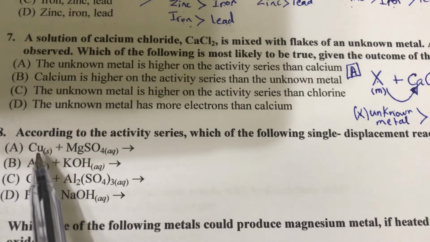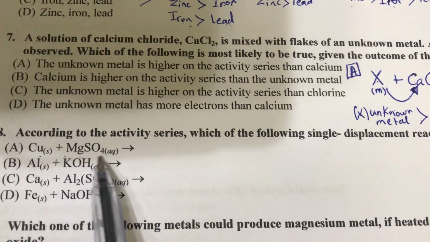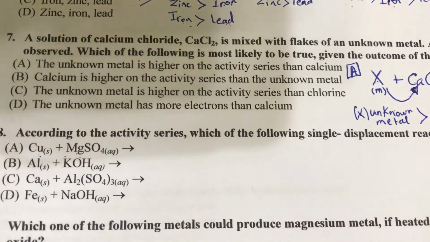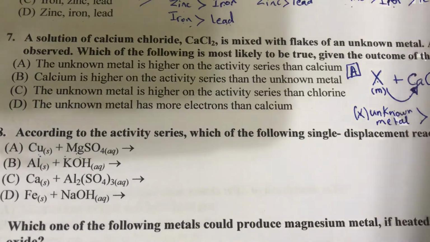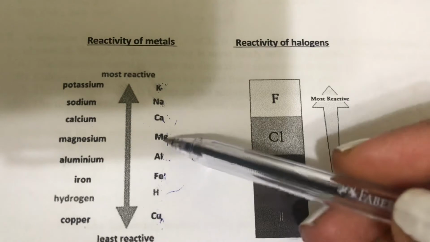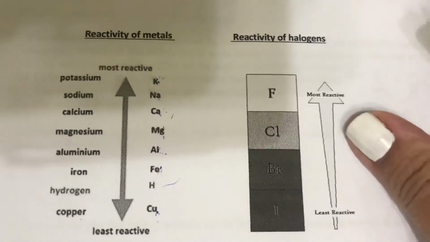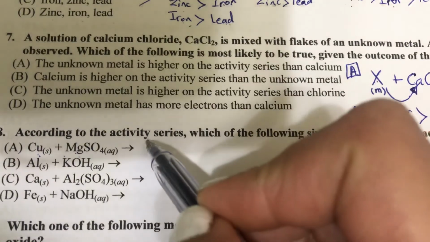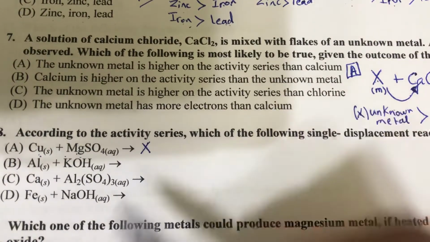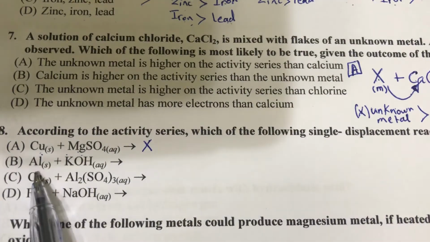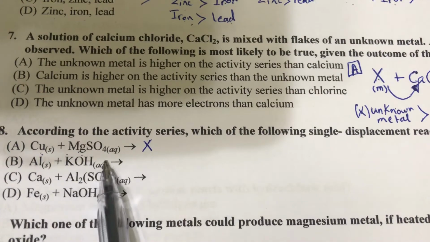So the first one, copper plus magnesium sulfate. Can copper replace magnesium? Is copper more reactive than magnesium? No. So copper can't replace magnesium, so this reaction does not occur. Now, aluminum plus potassium hydroxide.